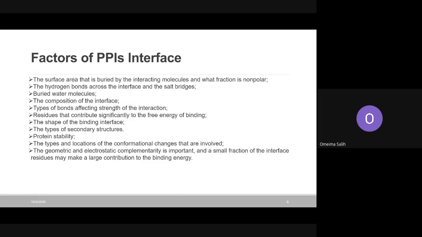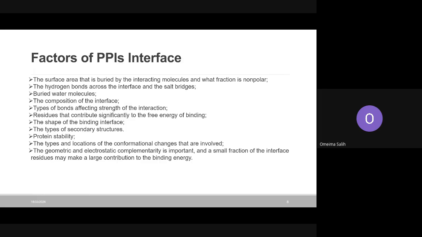So this defines the original secondary structure of the polypeptide chains, if they have beta sheets or alpha helix. And this again defines the protein stability of this interaction, depending on the type of amino acids found within the interface.